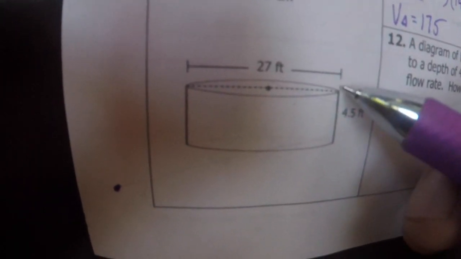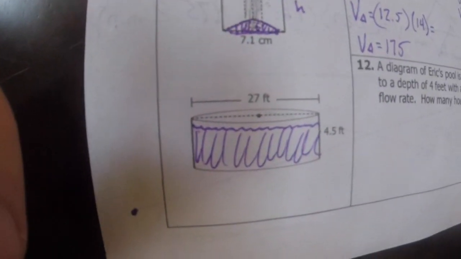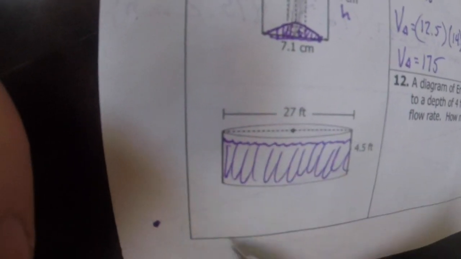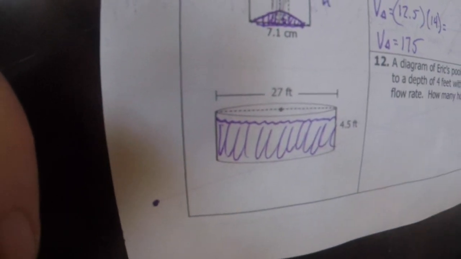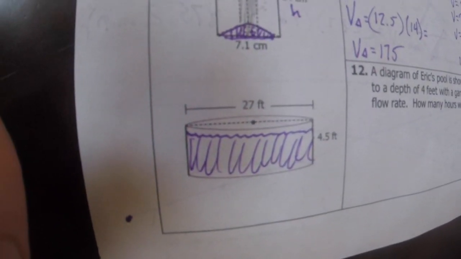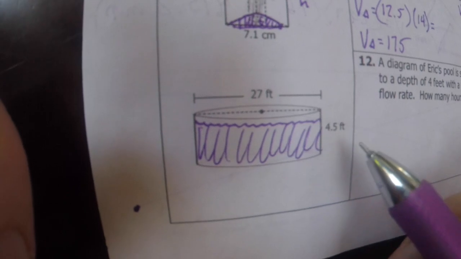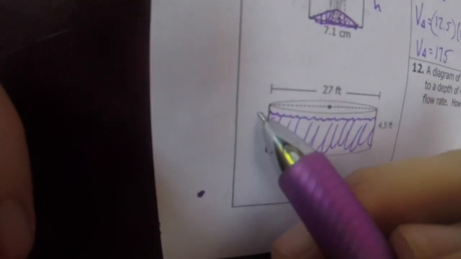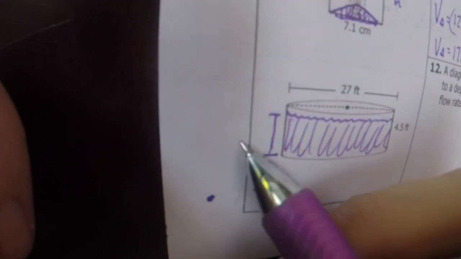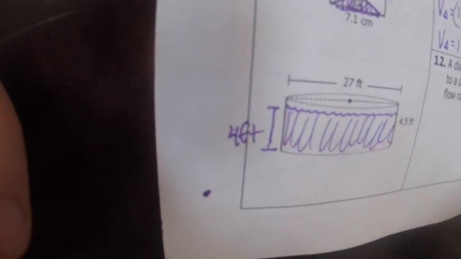Well, the height of the pool is 4.5 feet, so imagine we have water in here. So I don't need the volume of the entire pool. I just need how much water is going in. Okay, so I'm not going to use 4.5 feet as my height. I'm going to use 4 feet as my height.